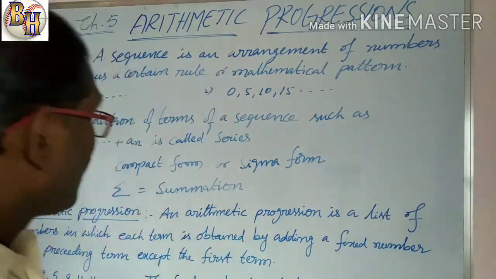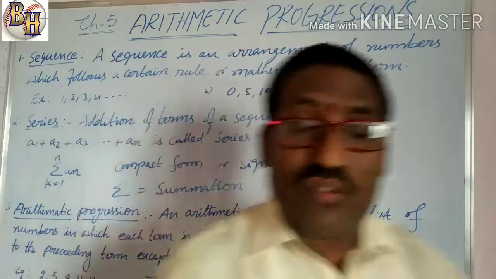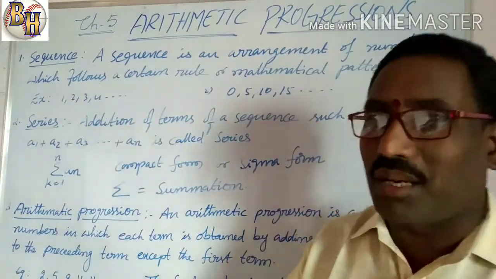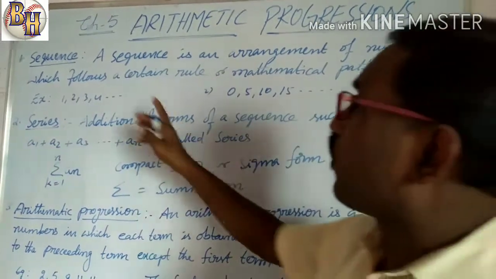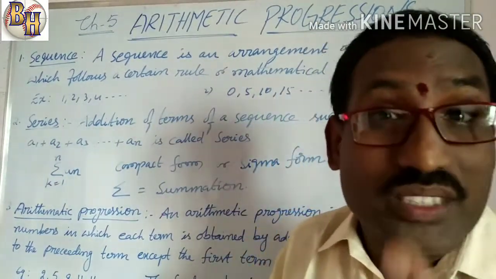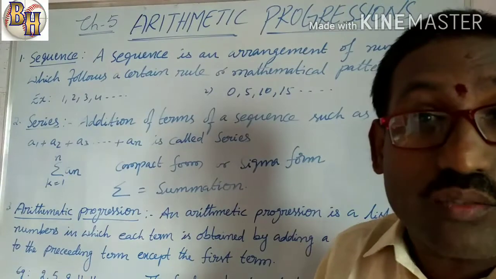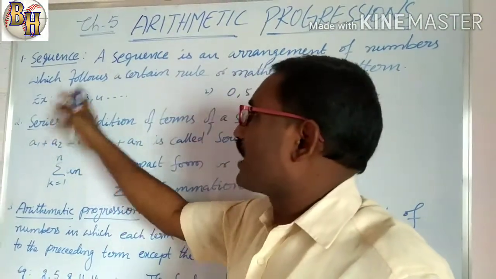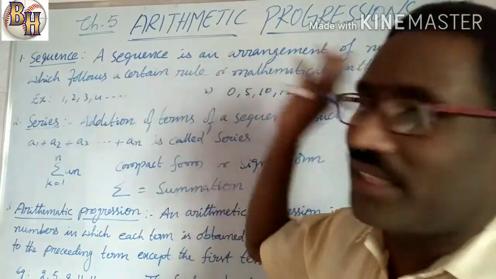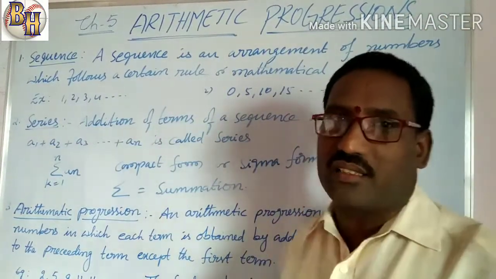That means you have to arrange some numbers, but they should follow a certain rule. Must maintain one rule. For example, you can take 1, 2, 3, 4 like that, natural numbers.